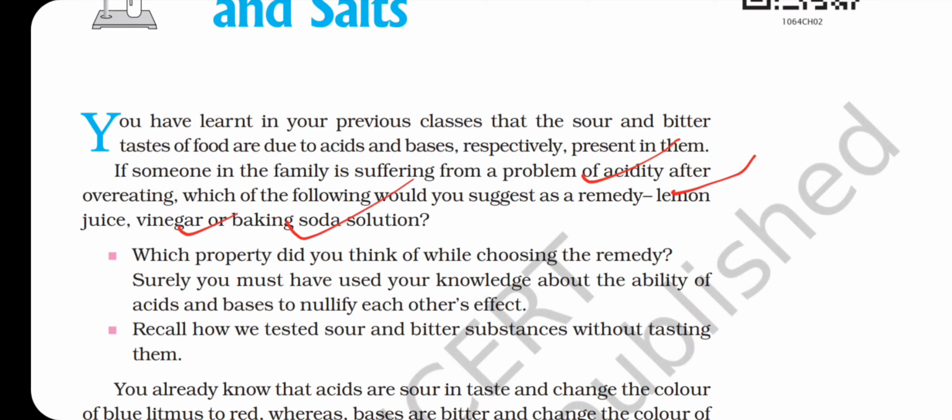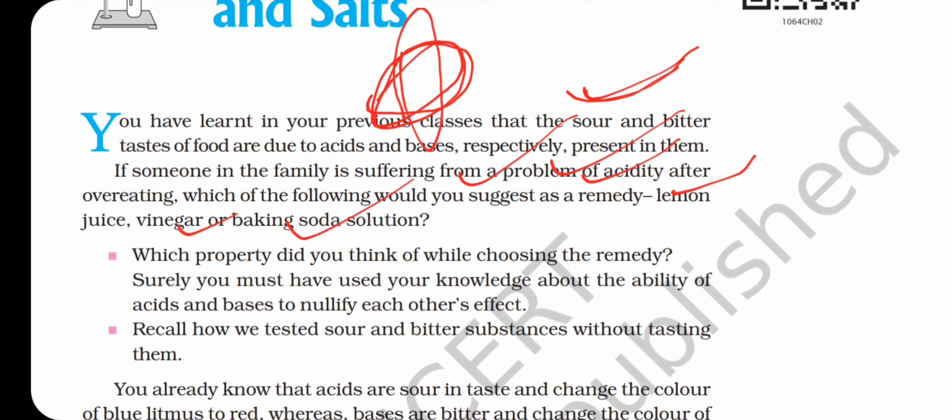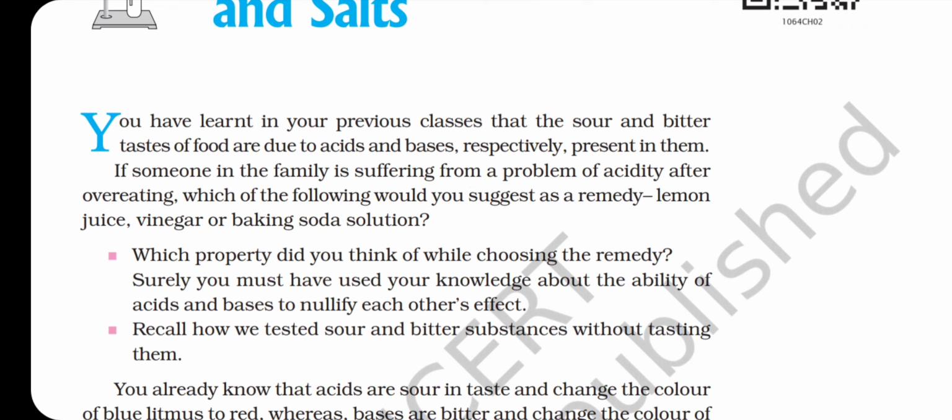Acidity can be due to the over presence of acid in our food, so it can only be cancelled if we take some base as a remedy, because acid and base can neutralize each other so that it becomes a cure. So you have to take baking soda. Lemon juice is acidic in nature, vinegar is also acidic in nature, but the baking soda is basic in nature.